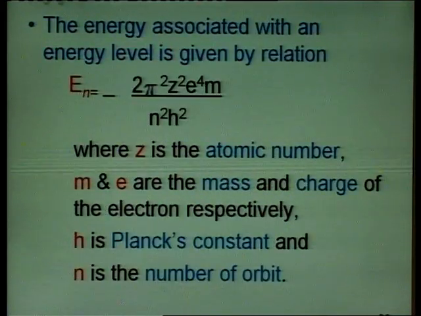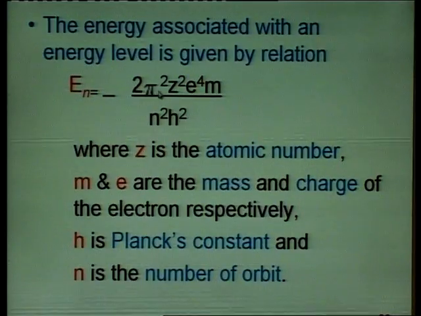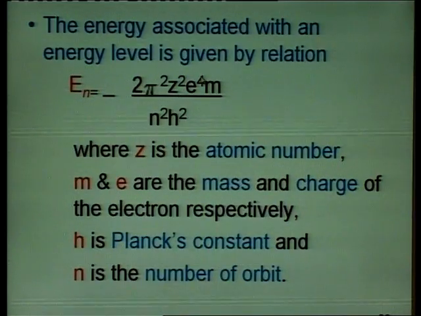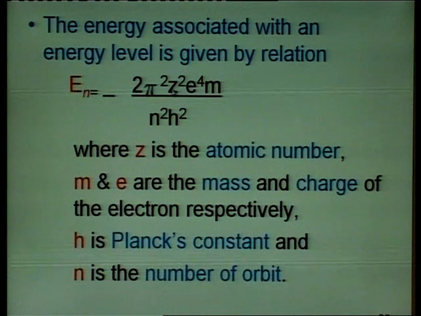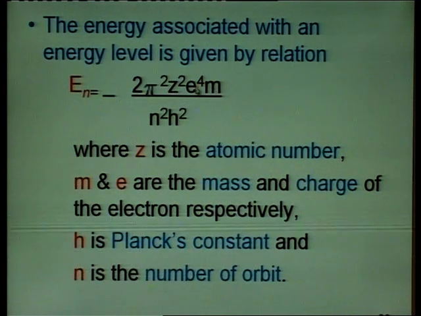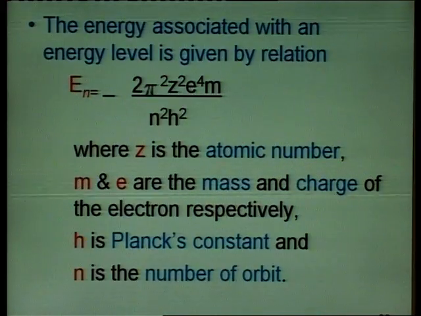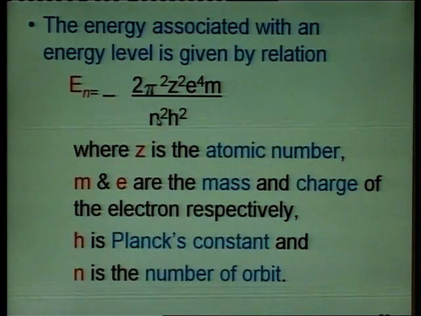The energy associated with an energy level, these energy levels that we were discussing, is 2 pi square z square e raised to power 4 m upon n square h square, where z is the atomic number, m is the mass of the electron, e is the charge on the electron, h is the Planck's constant and n is the number of the orbit.